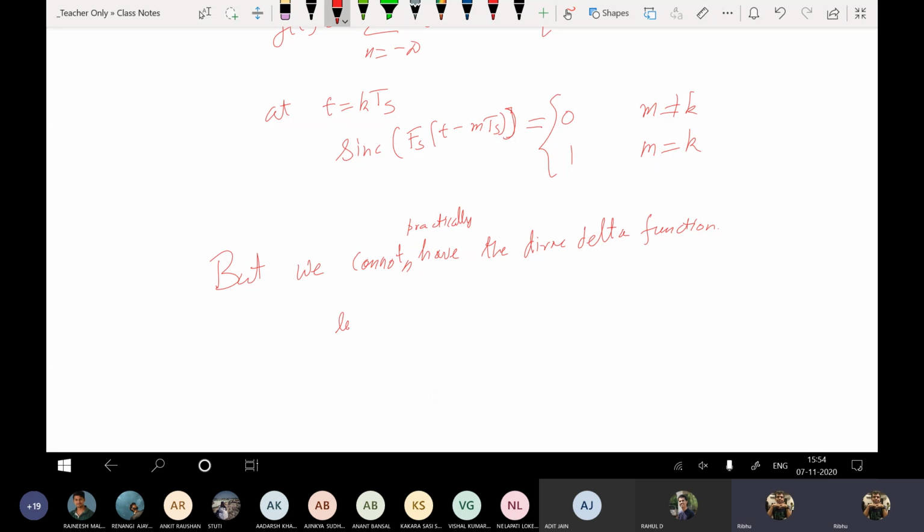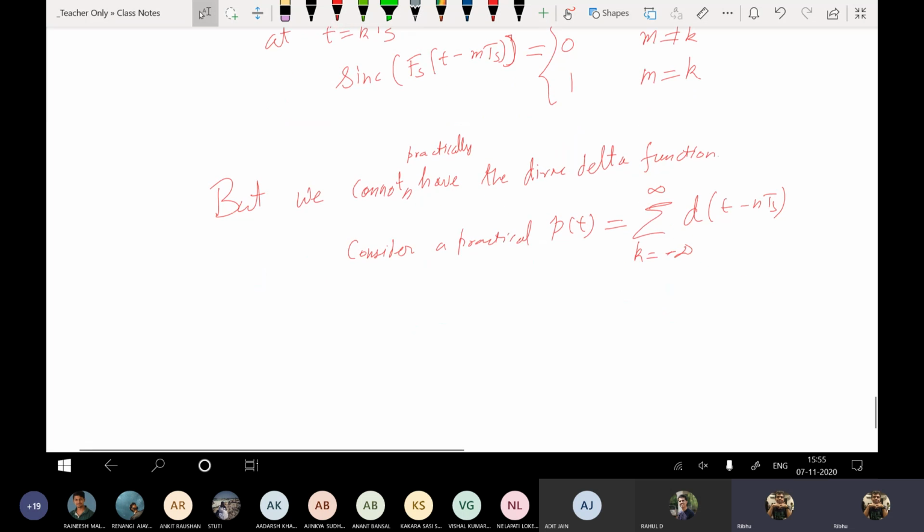So consider a practical p(t) equals summation k equal to minus infinity to infinity d(t minus nTs), where d(t) equals 1 for minus delta by 2 less than or equal to t less than delta by 2.